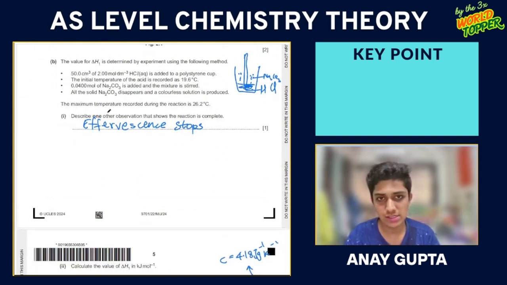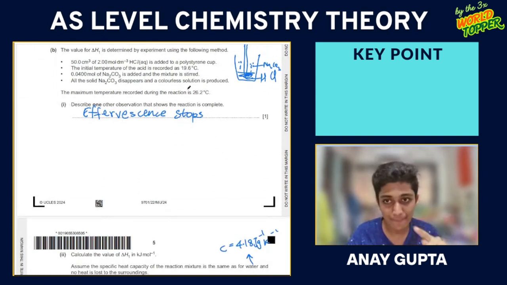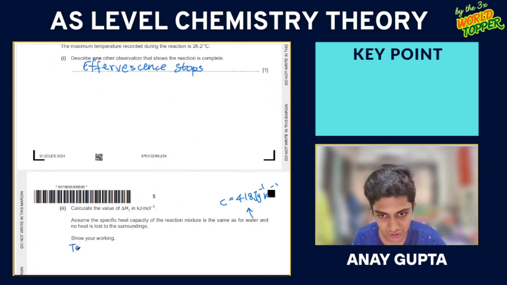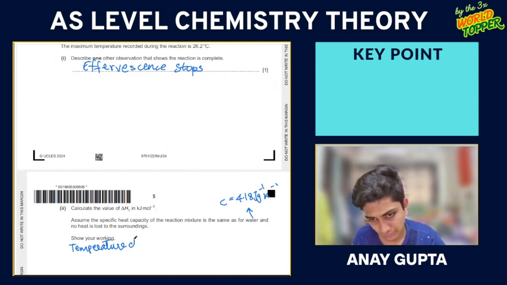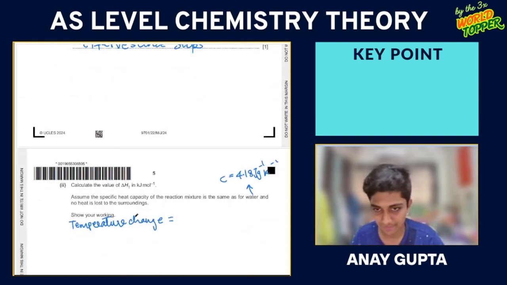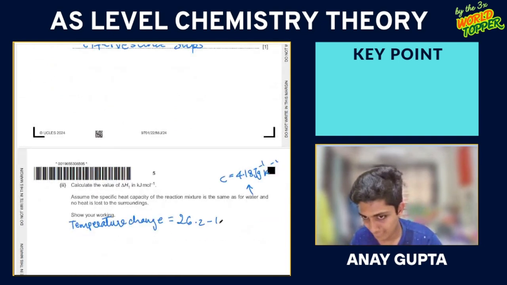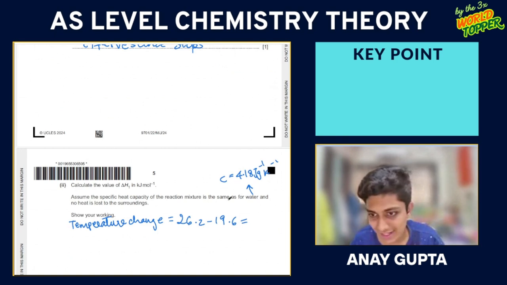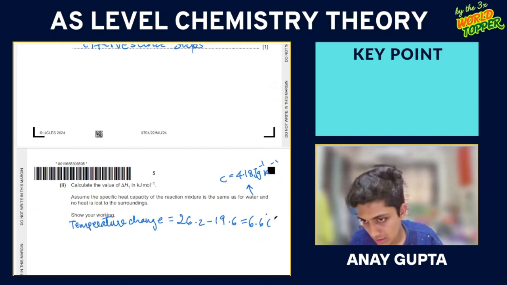So I can first calculate the temperature change. The temperature change was 26.2 minus 19.6, which will be equal to 6.6 degrees Celsius.